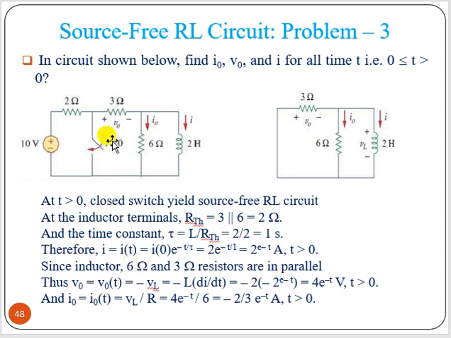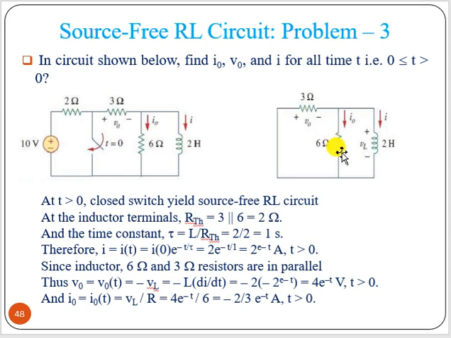Now when the switch is closed, what happens here? This part becomes short circuit. That means there is no effect of this voltage source. It becomes zero. So this circuit will look like this, and this is a source free circuit. Now RTH, if you want to find by looking from this inductor side, what you can see is current dividing.